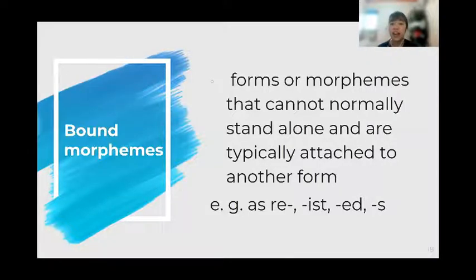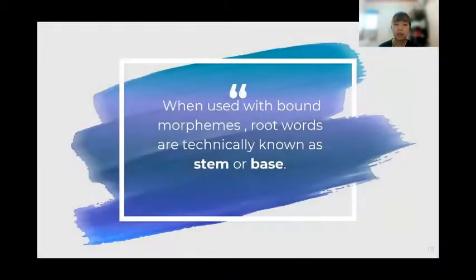So gin-attach na ang ist sa word nga piano, piano plus ist, pianist. Kumbaga. So it has meaning. Someone who plays the piano. Okay. So that's the meaning. That's the meaning pala. So those are bound morphemes for you. You have to attach them to another form in order to have meaning or to be comprehensible.